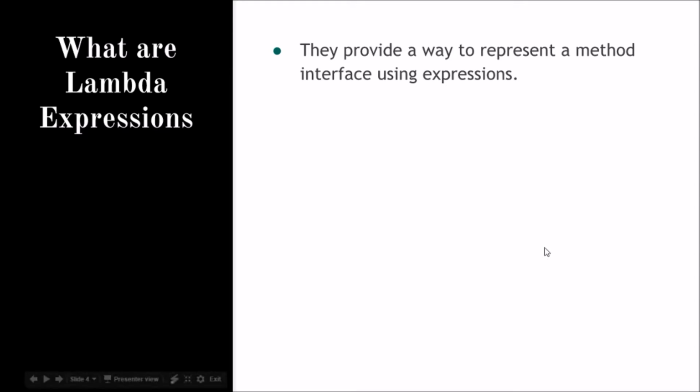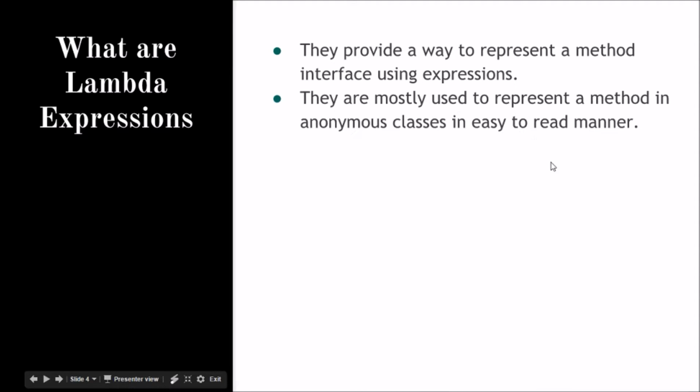We will see how to write them. Most of the examples you are going to see are implementations of anonymous class methods, and they are written in such a manner that they are very easy to read and understand.